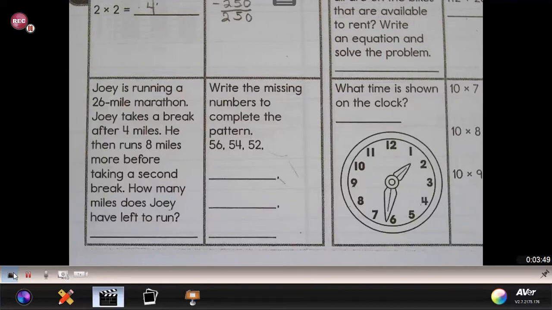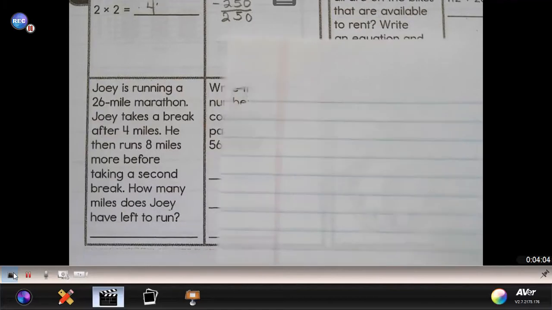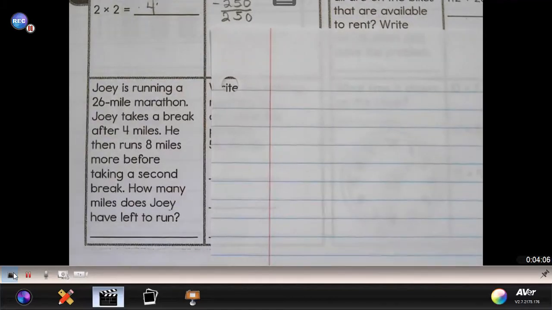So if we think about this, Joey has left to run. So we take part of our question and rewrite it as an answer statement. So that's what we're wanting to find, how far Joey has left to run.